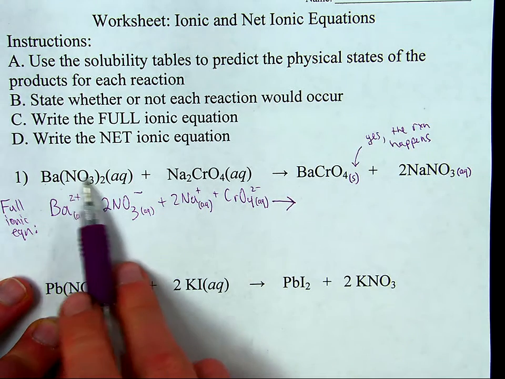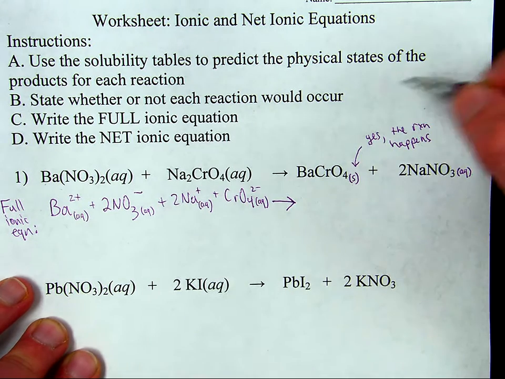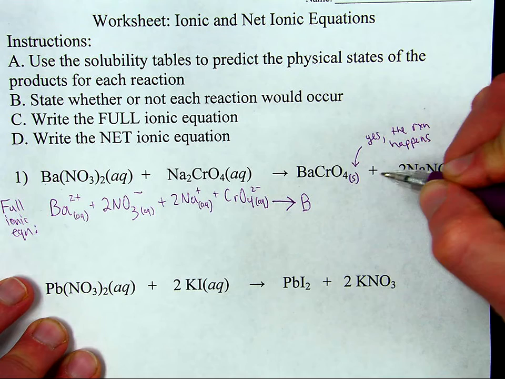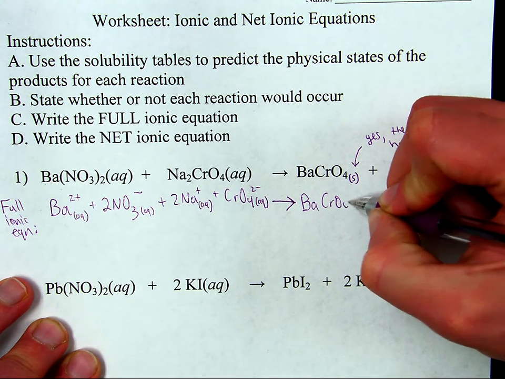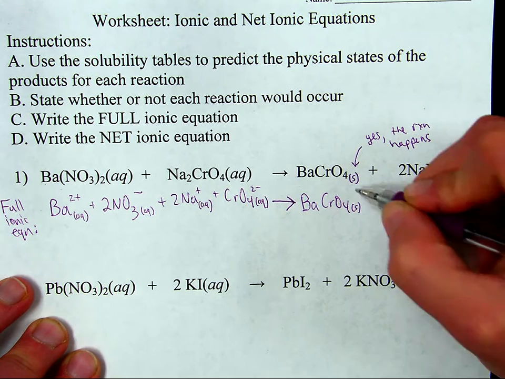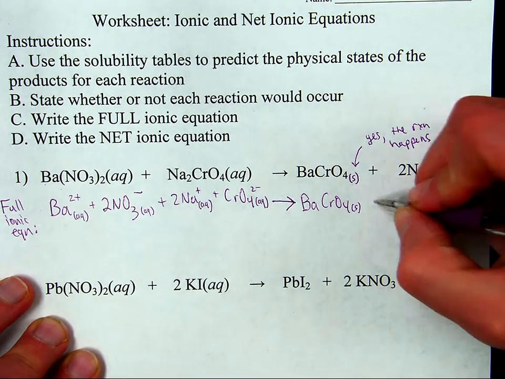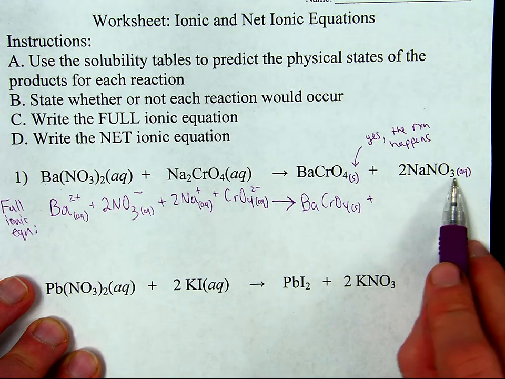So if it's aqueous, break it into ions. If it is not aqueous, do not break it into ions. That means solid, liquid, or gas, leave it as it is. So BaCrO4, I'll just put solid right there. There's no charge because it's a compound and it cannot dissolve in water. So just solid it is. And then this is aqueous, so this one I can break into ions, this sodium nitrate right here.